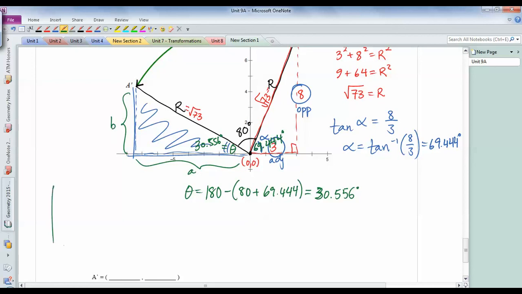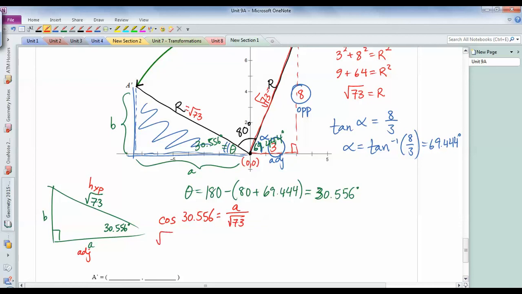So really what I'm looking at is this problem here. A, B, theta is 30.556 degrees, and this is root 73. And so if I wanted to solve for A, I'll call this side the adjacent side. This is the hypotenuse. So adjacent and hypotenuse is cosine. So cos of my angle, 30.556, equals A over root 73, adjacent over hypotenuse.